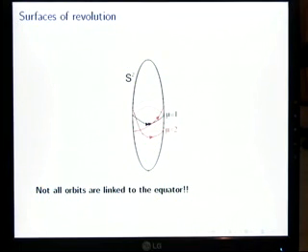So this is an example of an orbit of index 2 which is not linked to the index 1 orbit.